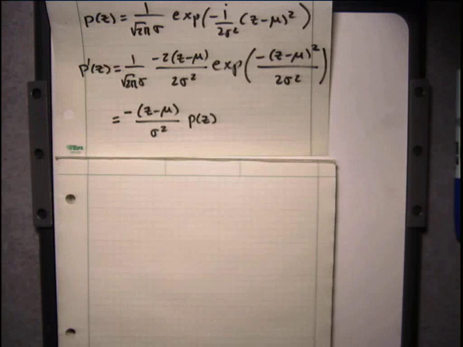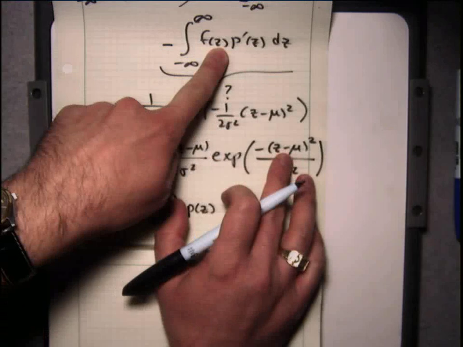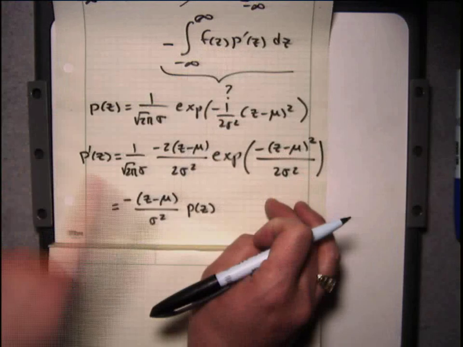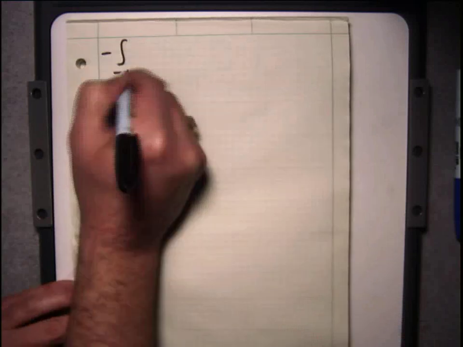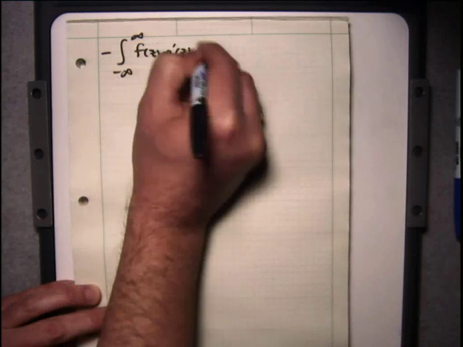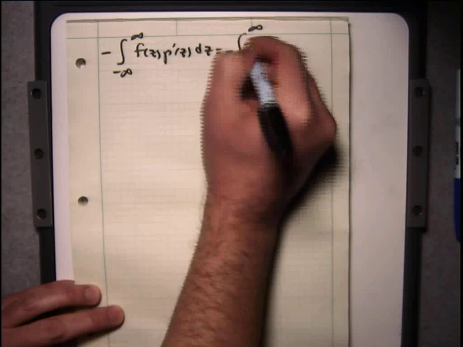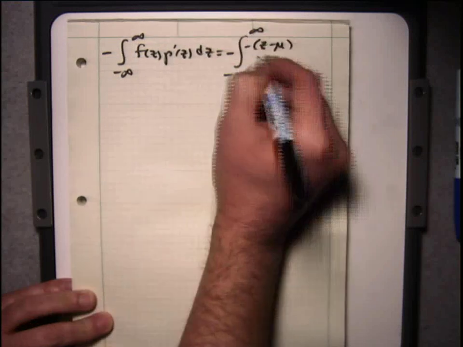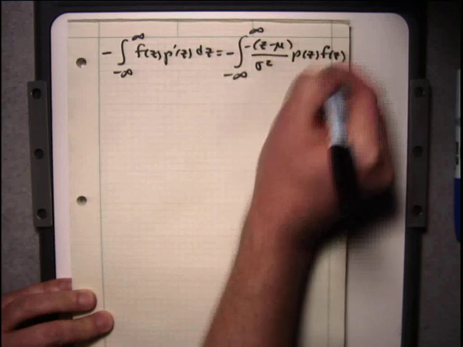Now, we're going to write this integral by plugging this p prime in here. So minus the integral of f of z p prime of z dz becomes minus the integral of minus z minus mu divided by sigma squared times p of z f of z dz.